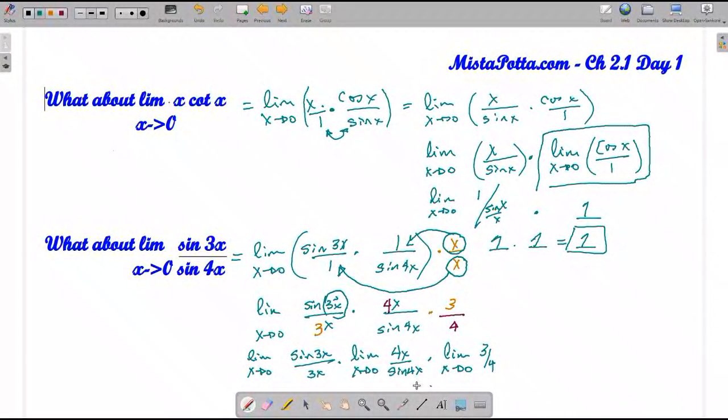And at this point, I've got 3 really nice limits. This limit here is sine of theta over theta as theta goes to 0. So this limit is really 1. This limit here is very similar to what we had to do with the reciprocal up here. And the reciprocal of 1 is 1.